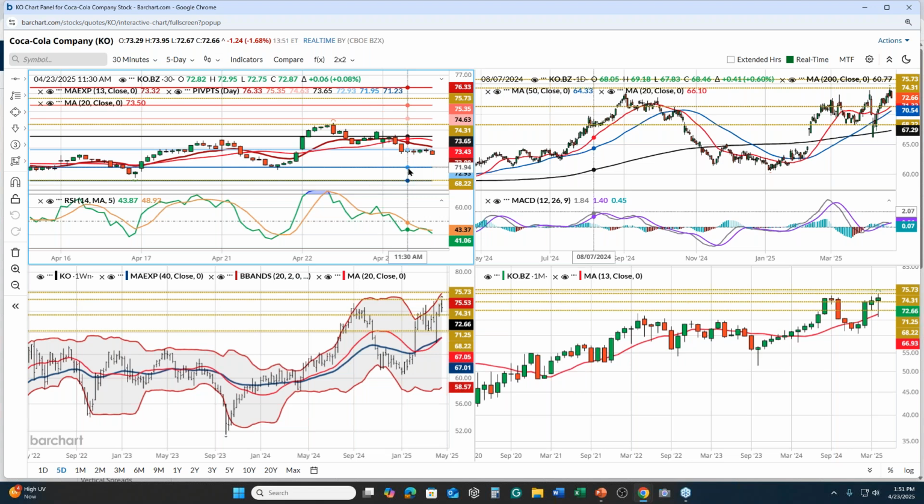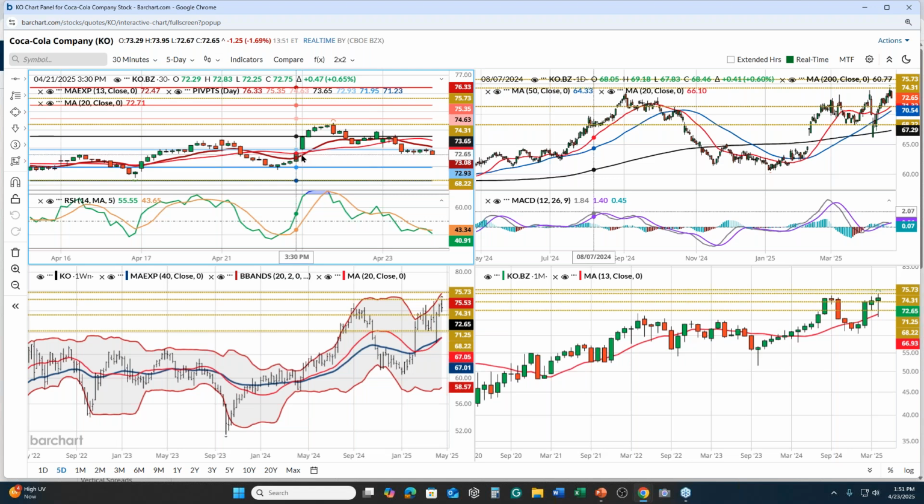But if I was thinking about a breakout trade, again using ATR as my guide, yesterday's closing price was 72.75. If I added 1.65 to that, that would be 74.40. Yep, I think that's the number.